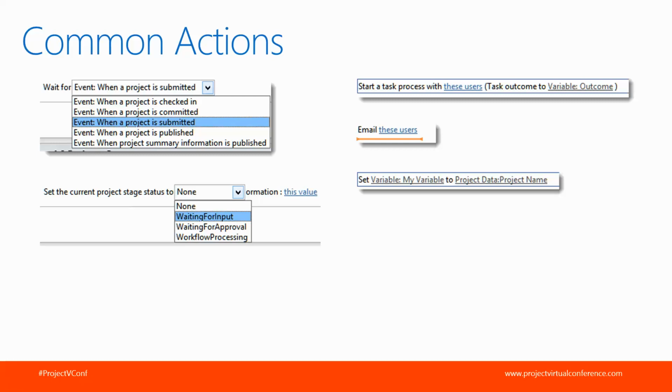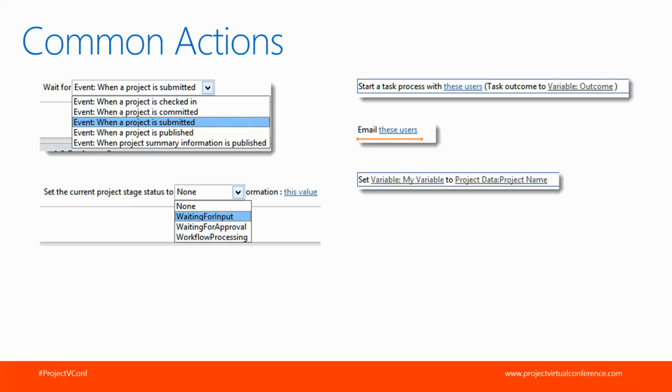Then on the upper right here, I show that you can also use another common action called a task process. You would use this for approvals. So you get to configure who's going to approve the project, maybe at that stage. Is it multiple approvers? Is it a single? What type of email do they receive when that task is assigned to them? Another common action would be emails.